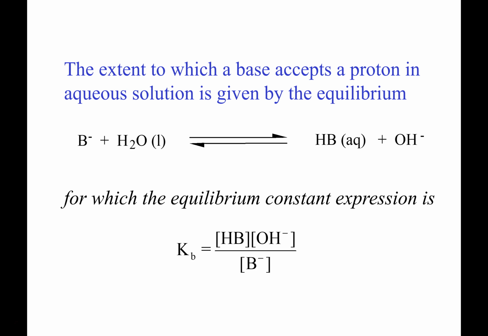In the equilibrium constant expression, in the numerator we would have the molar concentration of HB and the molar concentration of OH minus. These are all raised to the first power because according to this balanced equation, the stoichiometric coefficients are 1. If they were not 1, I would have to raise them to that power. In the denominator, we have the reactants, which remember the liquid water does not show up, but we have the molar concentration of B minus, our weak base.